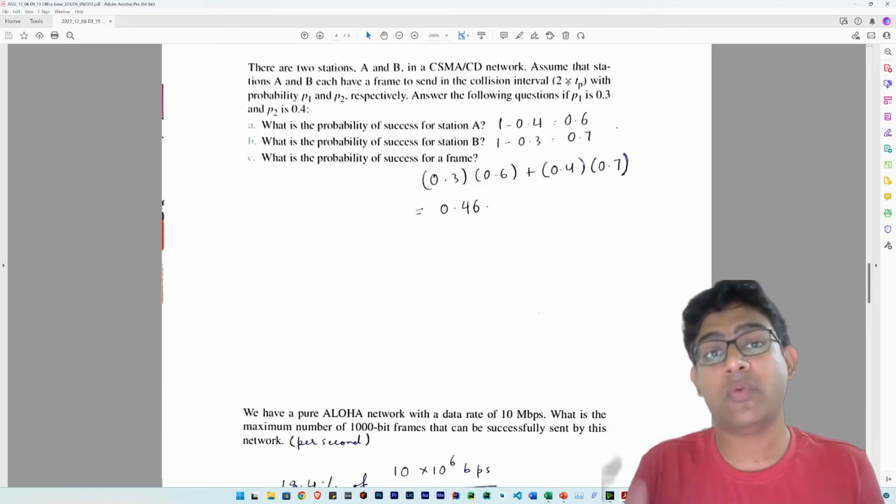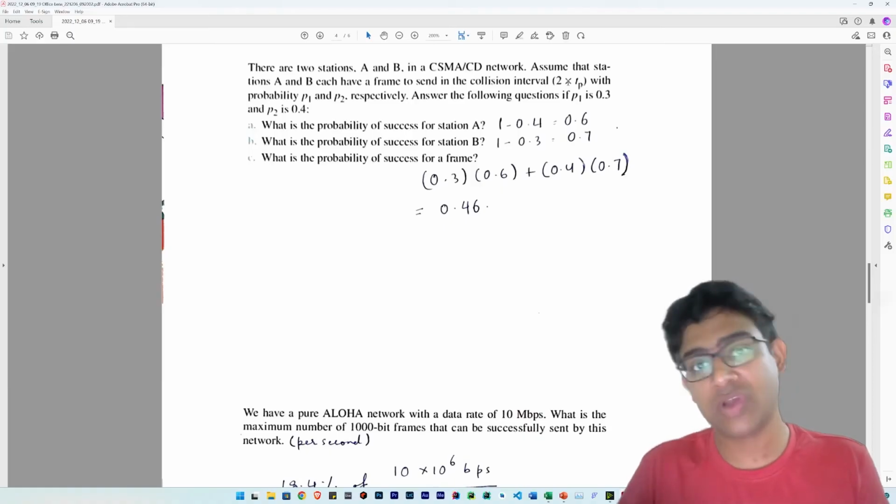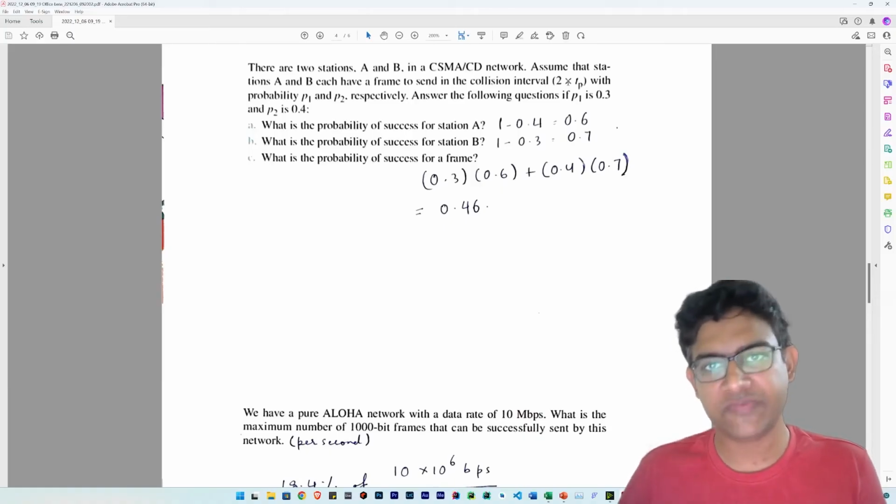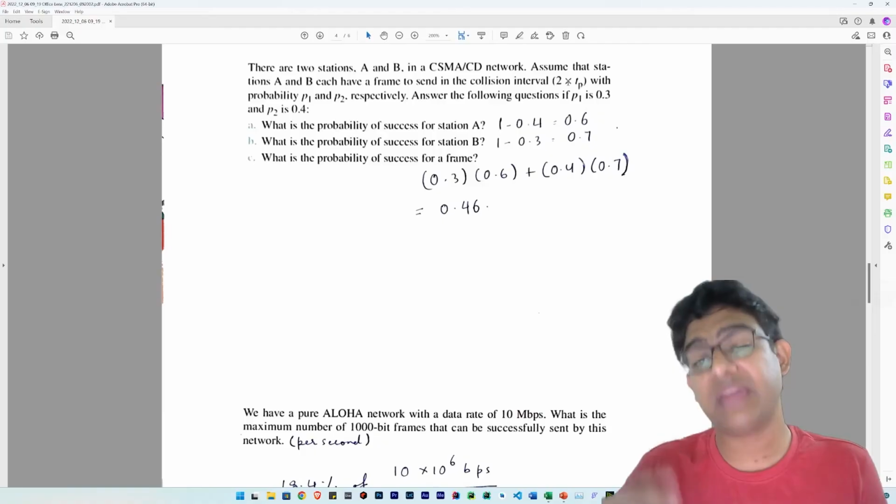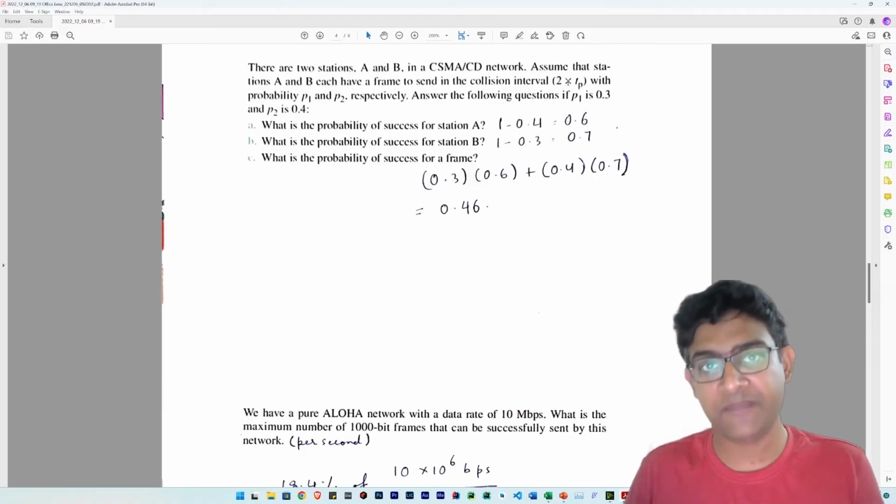For that, you have to look at whether A will transmit or not. If A does not transmit, then it cannot send its frame successfully. And even if it has transmitted, if B transmits in that period of time, then also A's frame cannot reach. So here I'm assuming A has transmitted, so I'm not taking the 30% probability here. A has already transmitted, but B should not transmit.